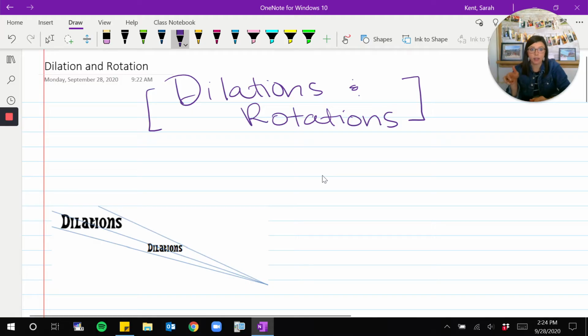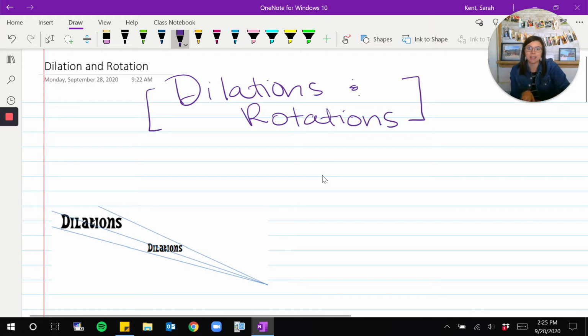Last class we looked at translations and reflections. This class we're going to be looking at dilations and rotations. Those are all four movements: reflection, translation, rotation, dilation. So far we've had a flip and a slide.